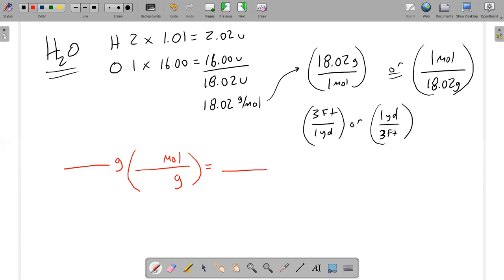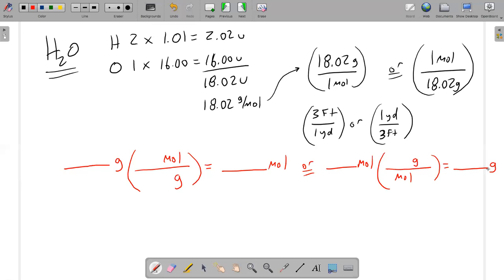And then that'll give you some quantity in the unit the mole. Or maybe you have a quantity in moles and you want to figure out the mass because you want to weigh something out in the lab. Then the conversion factor has moles in the denominator and whatever the mass in grams is in the numerator. And that'll get you a mass in grams.